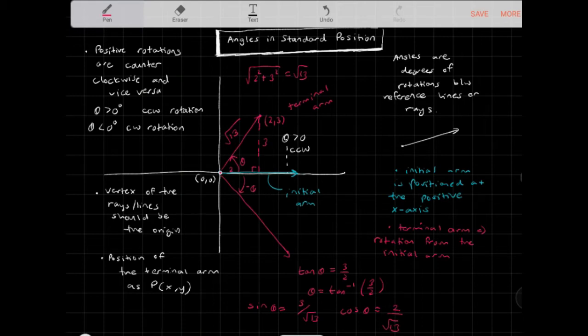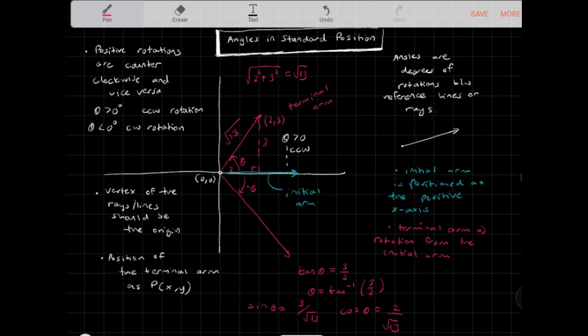So that's another benefit of having the vertex at the origin, because we can represent the terminal arm as a point of x and y, and then we can create a right angle triangle. So these are just some tenets that you want to remember here. The initial arm is basically a reference ray, and its position is at the positive x-axis.